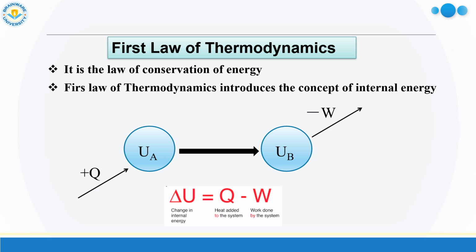Say plus Q amount of heat is added to system A. As a result of that, system A is transformed to system B, where it does some amount of work W. So the change in internal energy, which is UB minus UA, given as delta U, will be equal to Q, which is the heat added to the system, minus the work done by the system.